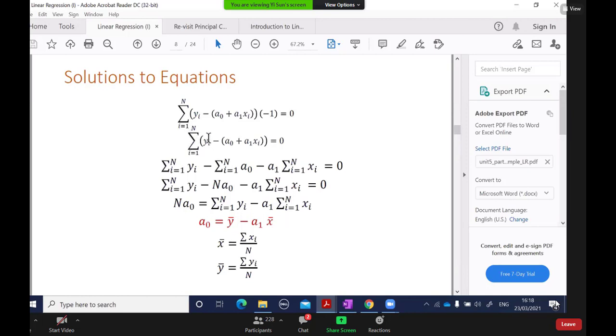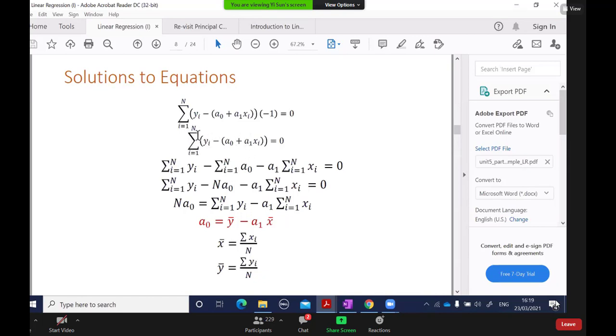So the sum of y, the first term, this y is indexed by the data points. And then minus the sum of the next term, A0. This A0 is a constant because it is not indexed by the data points here.